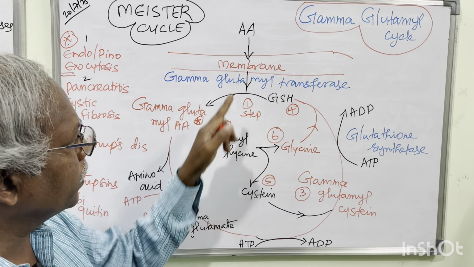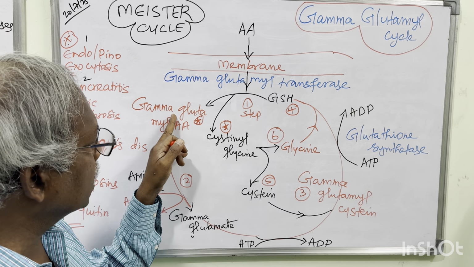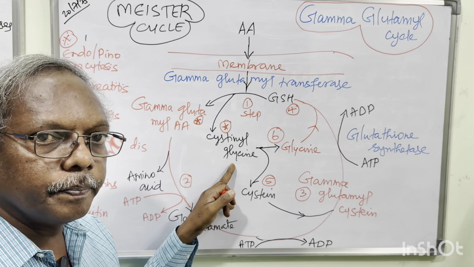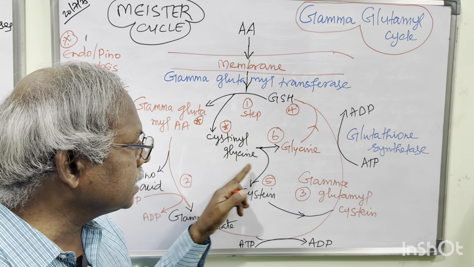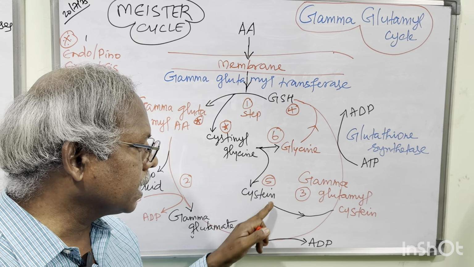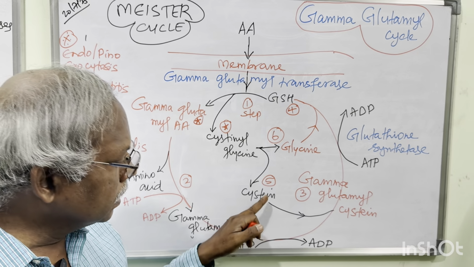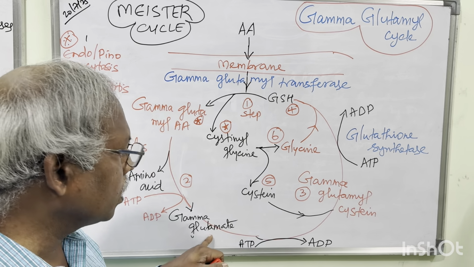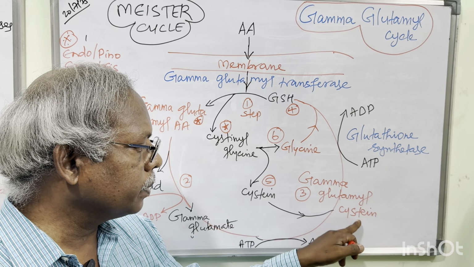So glutathione combined with an amino acid produces gamma glutamyl amino acid with cystinyl glycine. This cystinyl glycine is then dissociated into glycine and cysteine. This cysteine combines with gamma glutamate and produces gamma glutamyl cysteine.